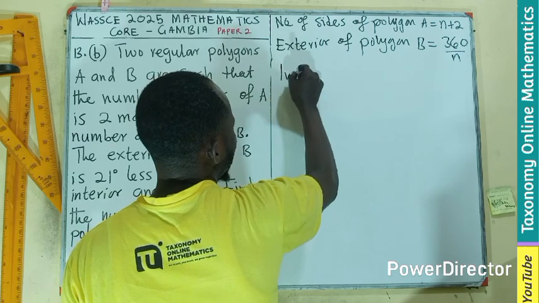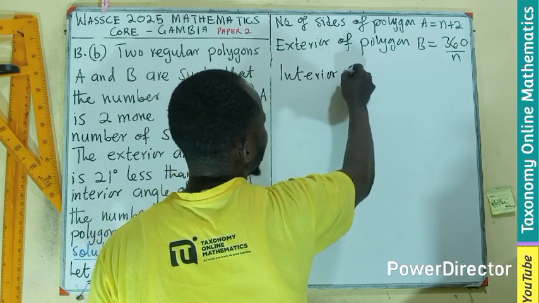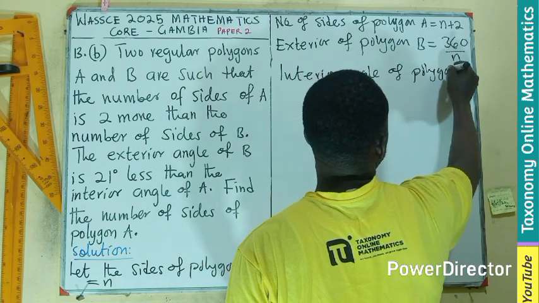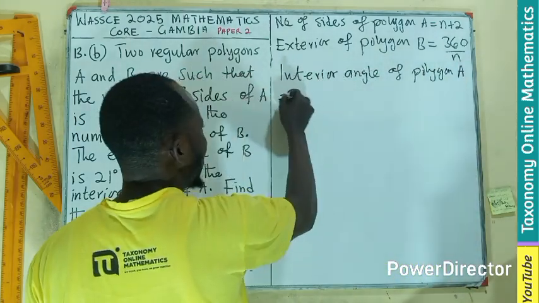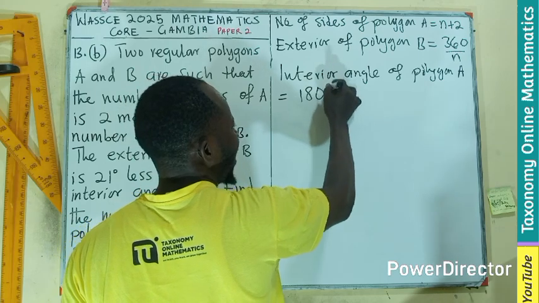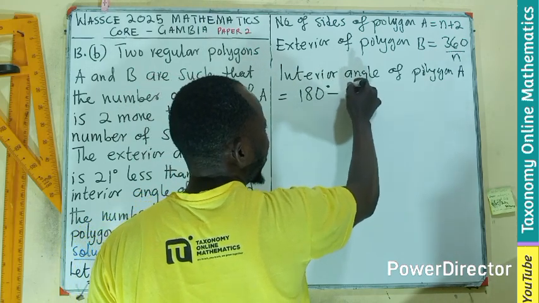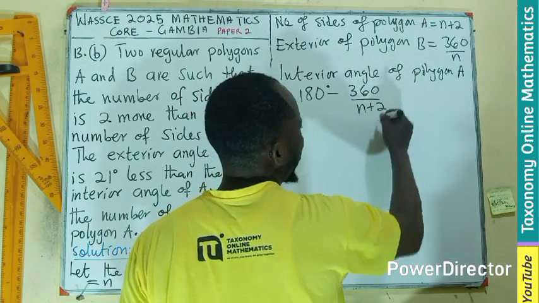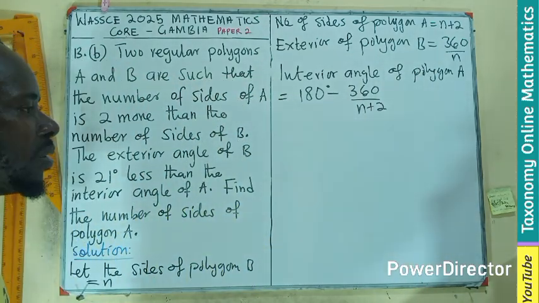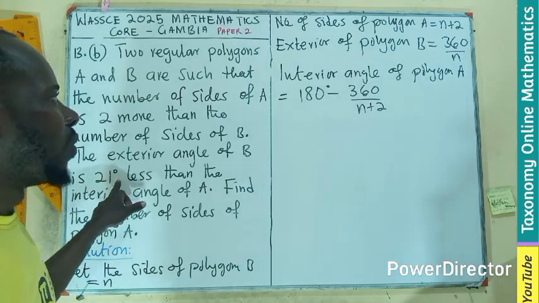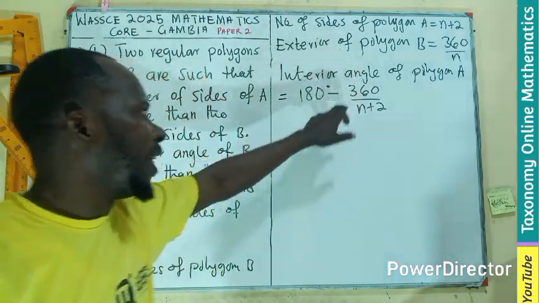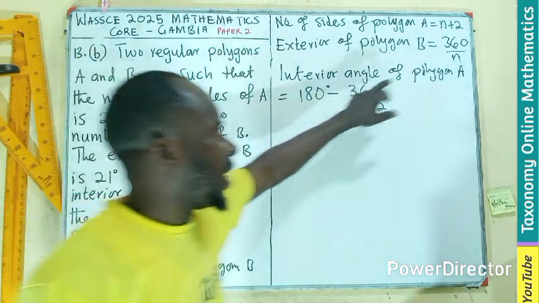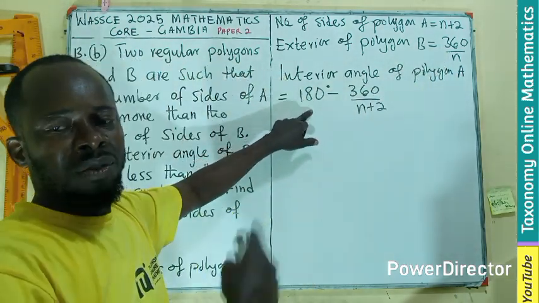So I will say that the interior angle of polygon A will become 180 minus the exterior angle, which is 360 divided by the number of sides, n plus 2. So this is all the information with the exception of 21. We are saying that this exterior angle is 21 less than this interior angle.